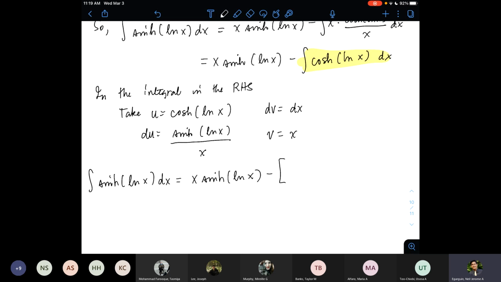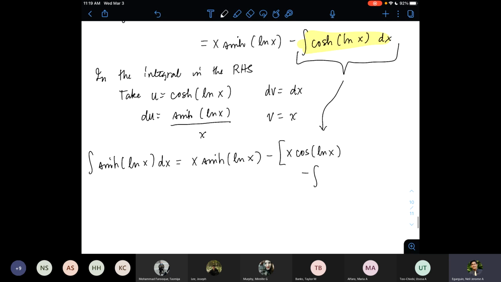Now I want to know what this is equal to. But the second application of IBP told us that that integral can be written as x cosine of ln x, that's the new uv, minus integral of v du.